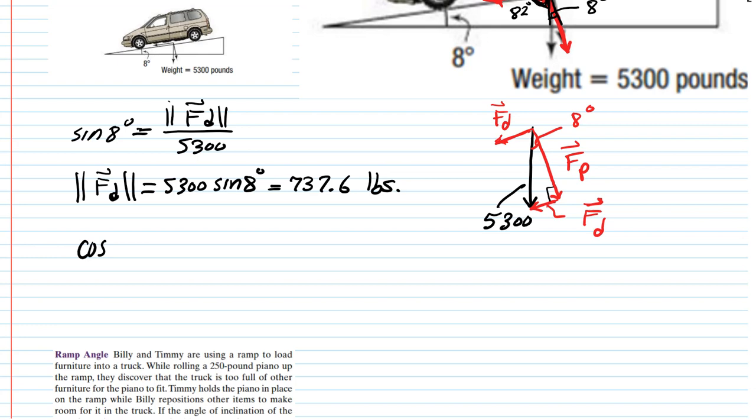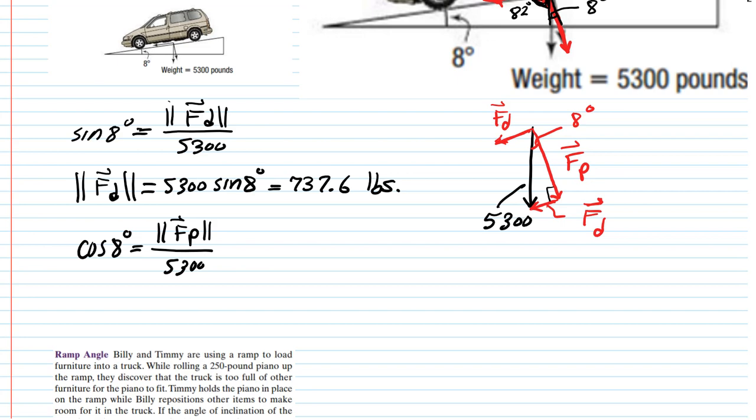And let's do cosine. Cosine of 8 degrees. Cosine is the ratio of adjacent to hypotenuse. So that's going to be the magnitude of the force perpendicular to the hill, the adjacent side, divided by 5,300.